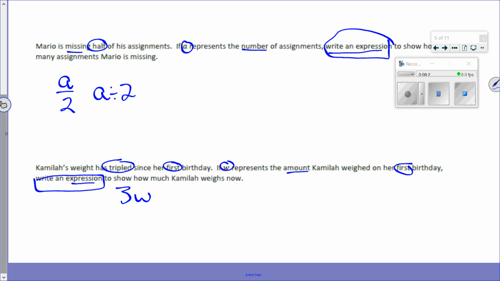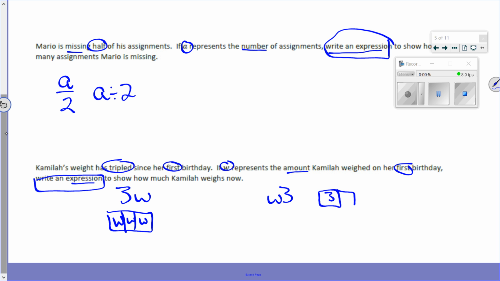See, here's the problem, guys. If I did W3, how do I model that? How many groups of 3 am I going to make? If I'm going to model 3W, I can model that, right?